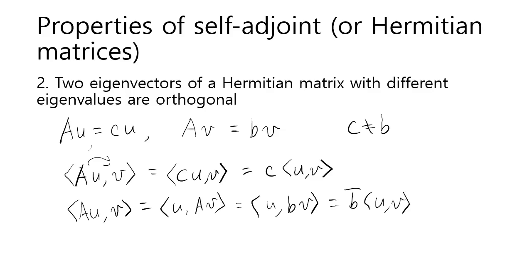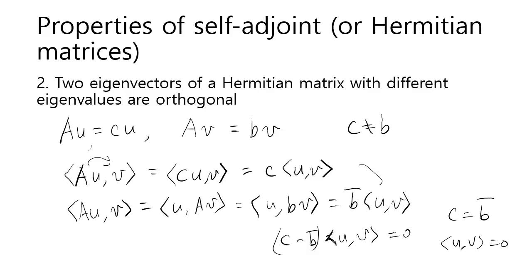Okay, and then for these two to be equal, you would want C minus B bar times UV to equal 0. So either one or the other is true: either C is equal to B bar or UV equals 0. But remember, we just proved that C and B are real numbers.